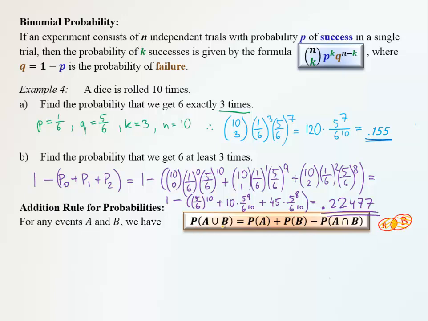So probability of a union is probability of one set plus probability of the other set minus the probability of the common part of these 2 sets.